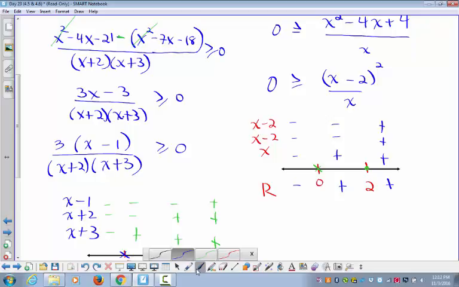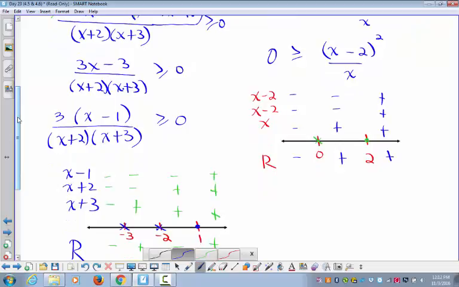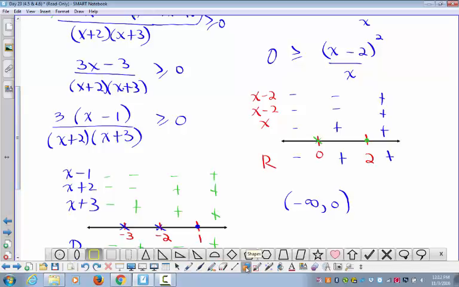All right. So the question was, when is this expression less than or equal to 0? That expression is less than or equal to 0 from negative infinity to 0. And we exclude, we think we want to include because of the compound inequality, but we can't because that causes division by 0. So that is when that expression will be negative.